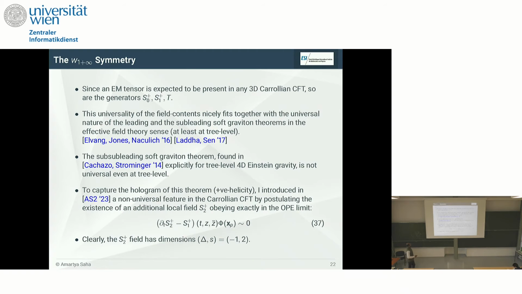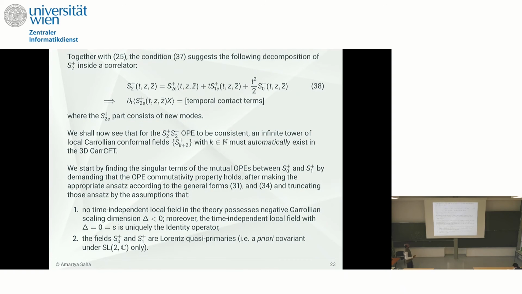So we can just follow this ansatz, but we also need to truncate the higher order poles at some order to get some conclusion. This is also done in the 2D CFT literature. You can find the stress tensor TT OP from this kind of symmetry argument using just the OP commutativity property.